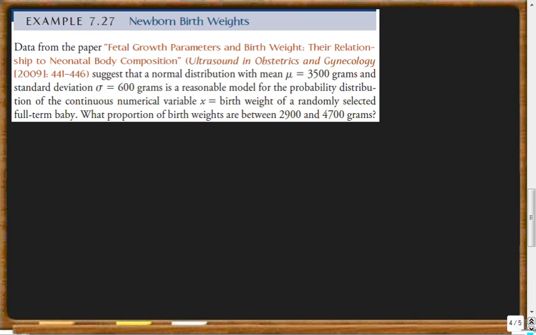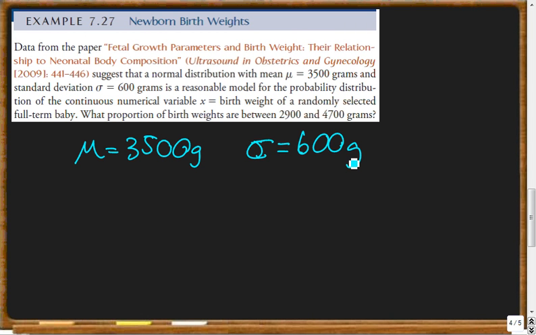So let's look at a couple of actual examples. There's a paper about fetal growth parameters and birth weight, and their relationship to neonatal body composition. It suggests that a normal distribution with a mean of 3,500 grams and a standard deviation, sorry, I'm switching up the symbols on you, of 600 grams is a reasonable model for birth weight.